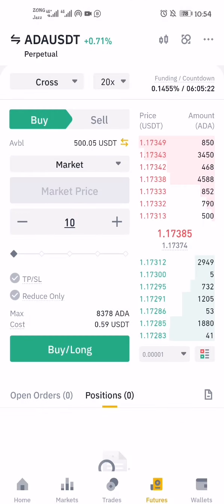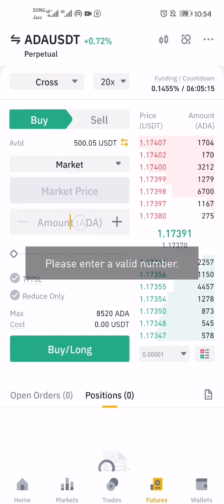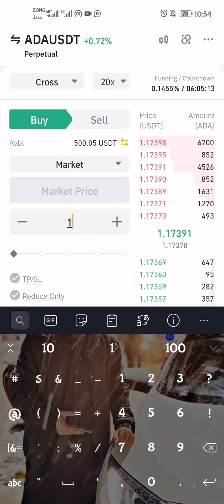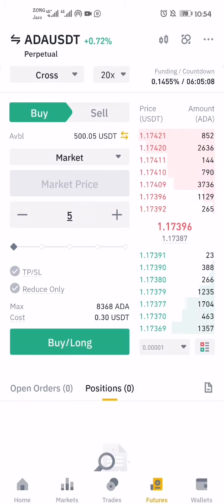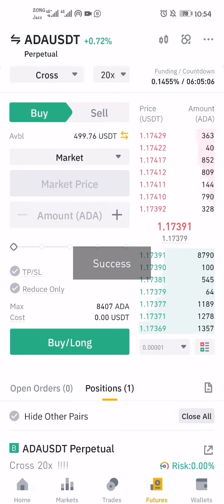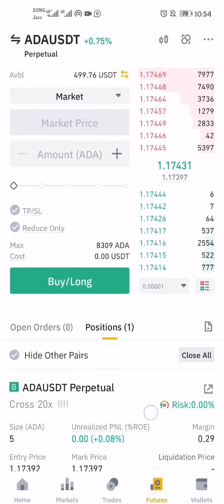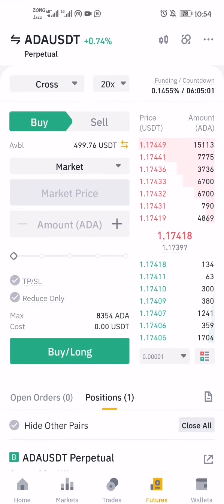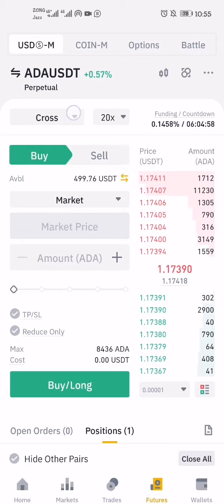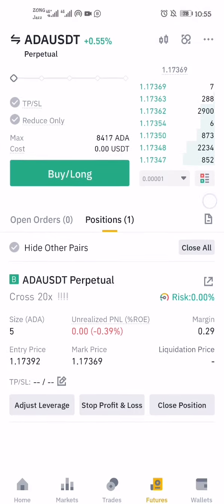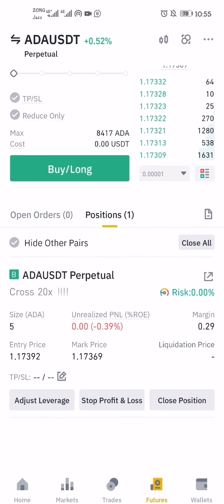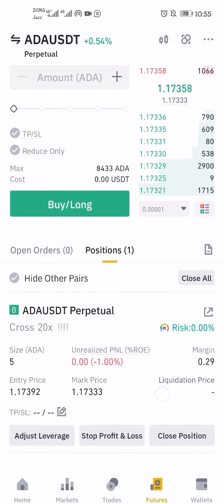Leave it. 10 ADA, and with market price I'm going to long it, or you may say 5 ADA. Now you can see it's 8x, with 20x it's cross now, but you have to select isolated and lower than 10x. Now I'm at a 1% loss.